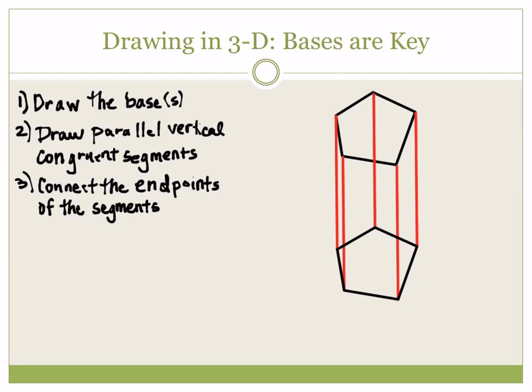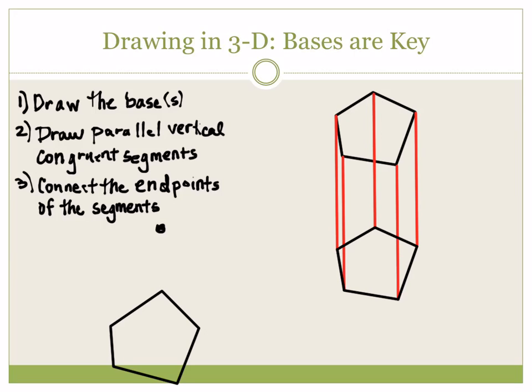If you're drawing a pyramid, it's even easier actually, because you don't draw vertical lines. You draw your apex and you just connect them. So if you had the shape of your image, let's say this image, that's pretty close to what I drew before, and you had an apex, say here.